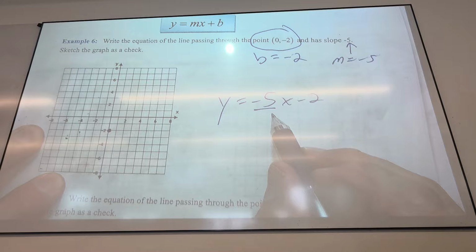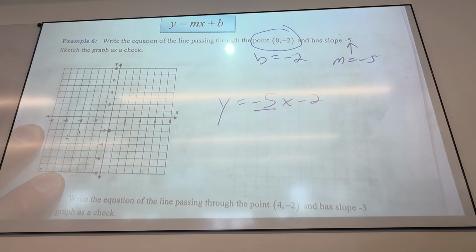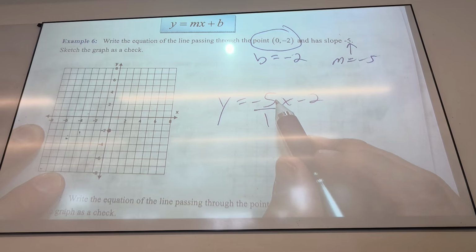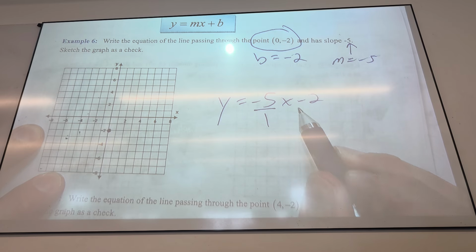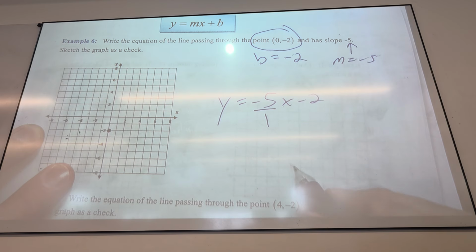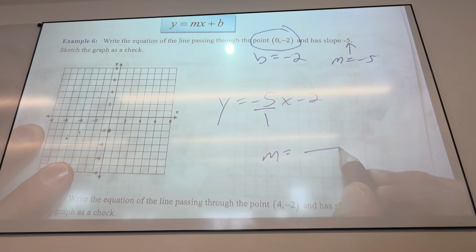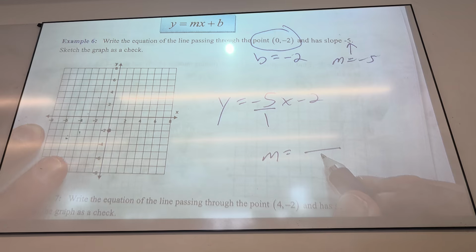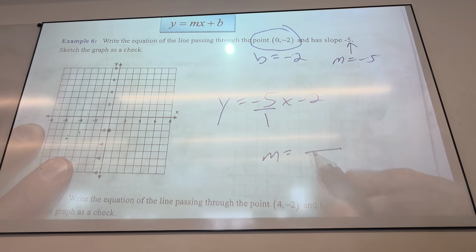And then how do I move from there? What can I do with -5 to make it better? Put it over 1, because now what's the rise? What's slope again in English? Rate of change. I like it, but ratio. Rise over run.